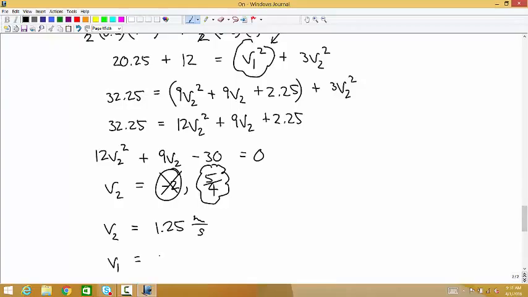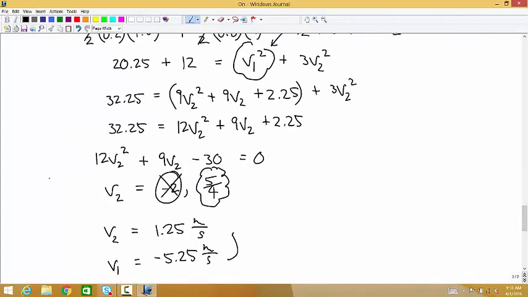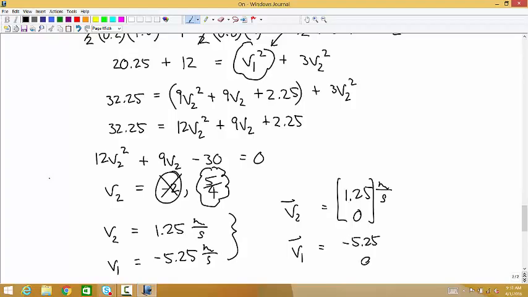Negative 5.25? Negative 5.25. And then if you want these as velocities, V2 is equal to 1.25, 0. V1 is equal to negative 5.25, 0.